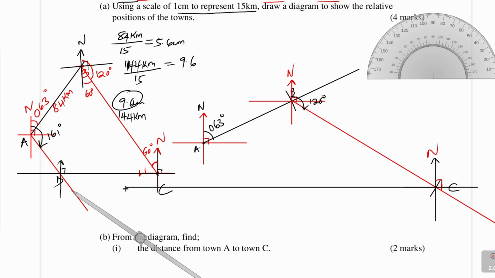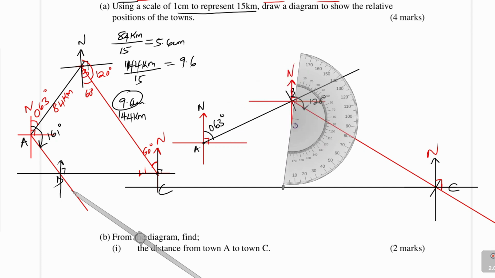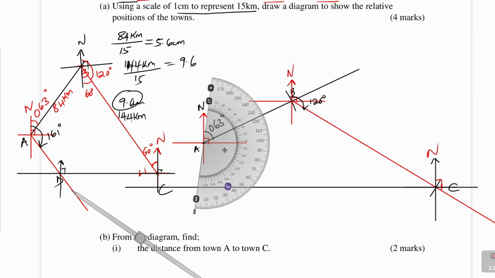And then D is 161 degrees from A. So from A, I will measure 161 with your protractor. This is how you place it. We measure from the north, 161, like that.